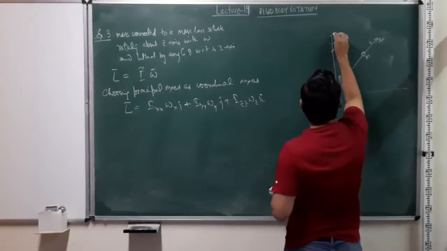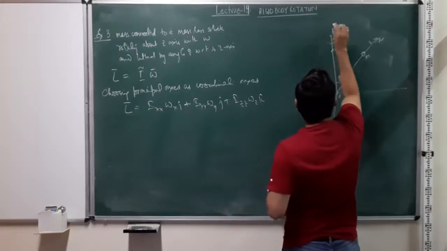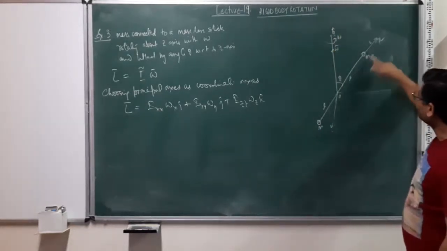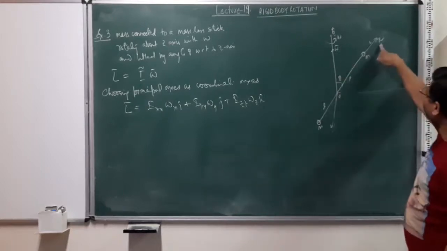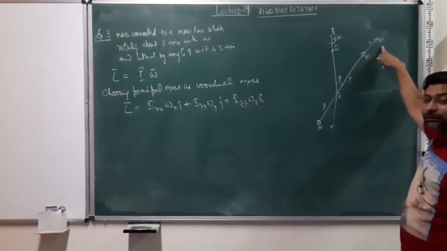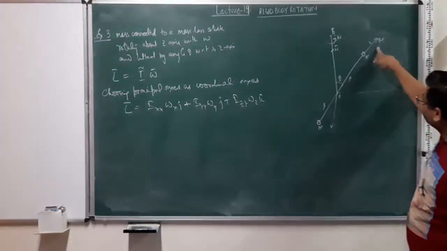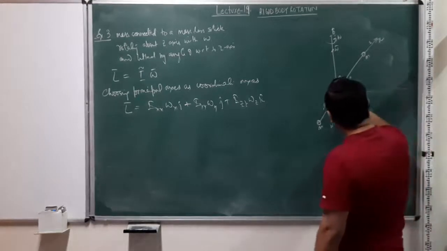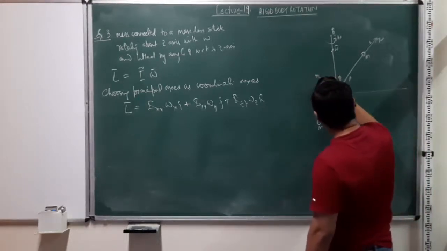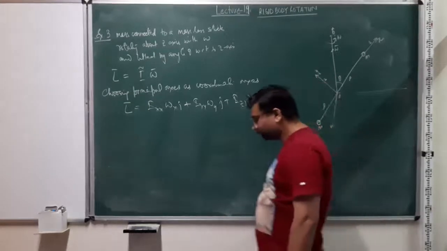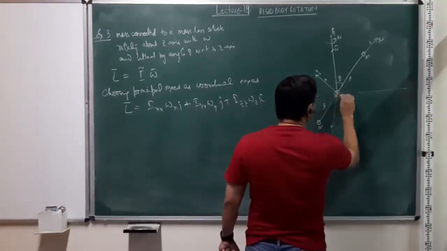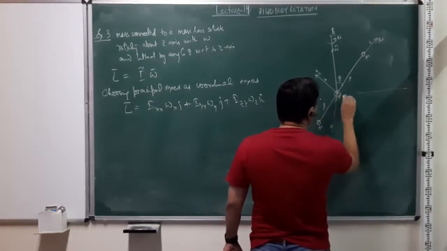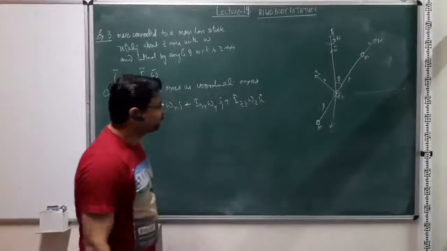I write this omega, and to represent the direction of omega, I take this as n cap. Another axis is perpendicular to this, the second, which I'll call y. And the third one comes out of the plane of the board, which I can call z.